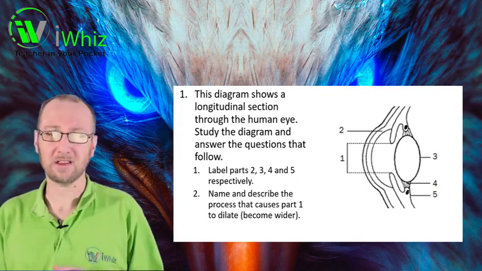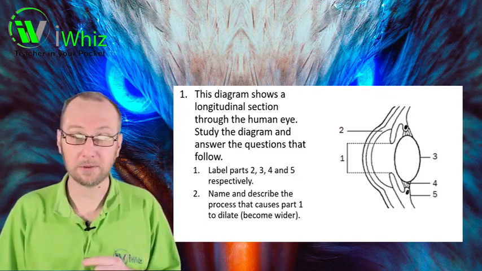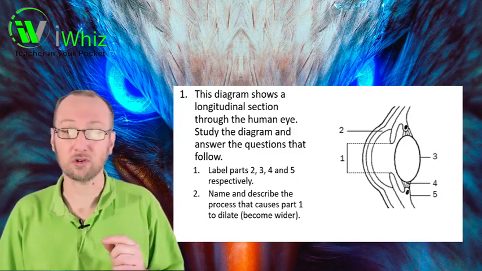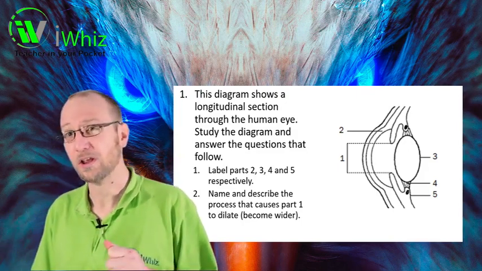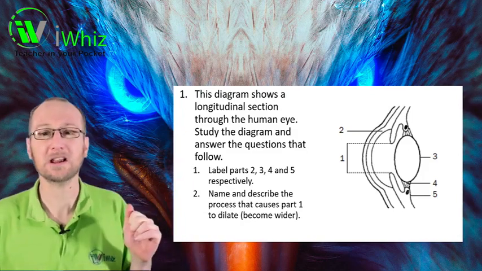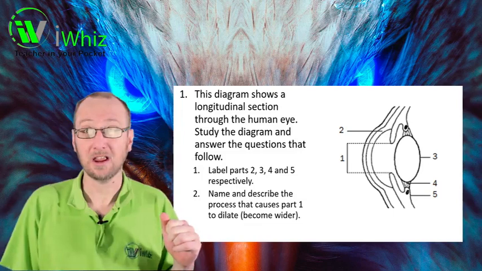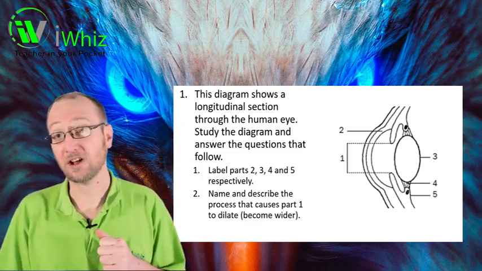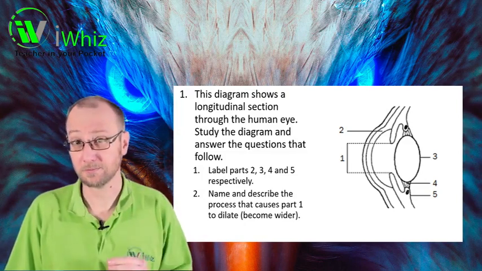Question number 2 then says, name and describe the process that causes part 1 to dilate. And dilate just means to become wider. So the first thing we need to look at is that diagram, and we say, okay, what is part 1?